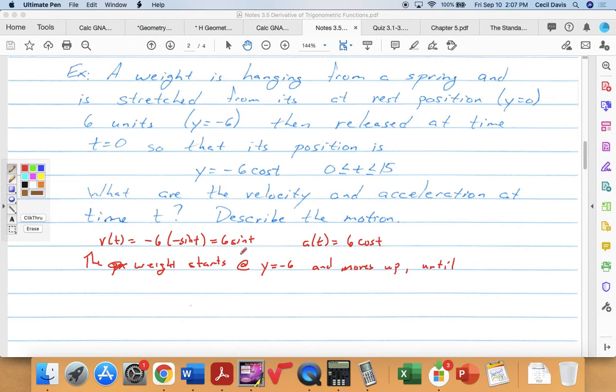When the velocity is 0. Until 6 sine of t is equal to 0, which the first time that happens is t is equal to pi.